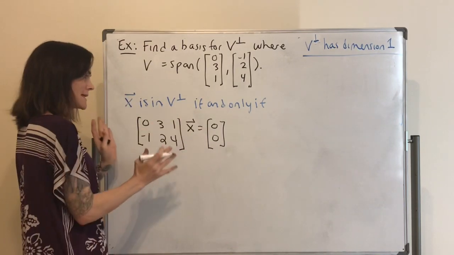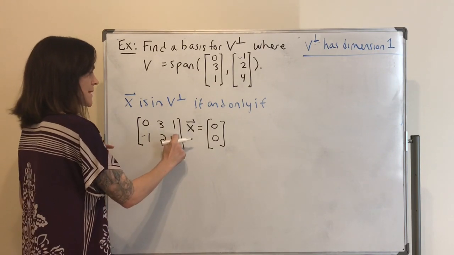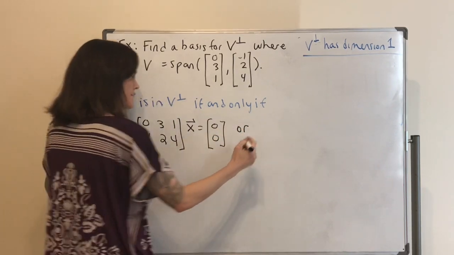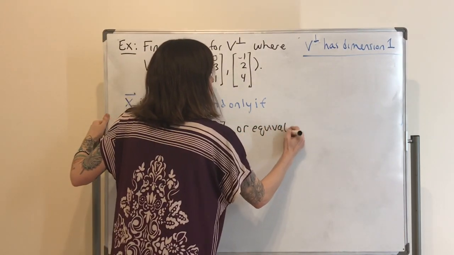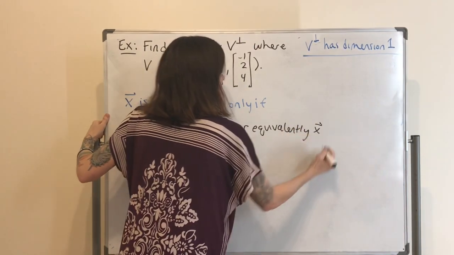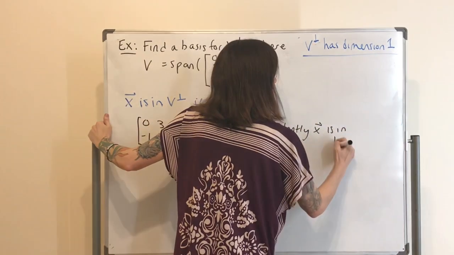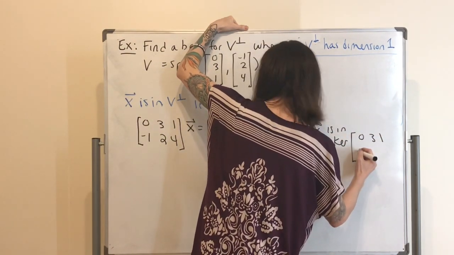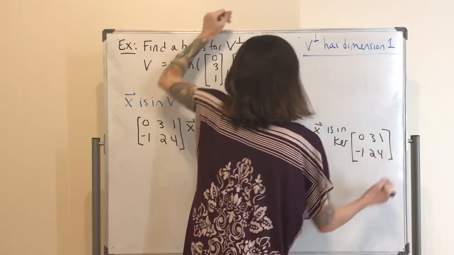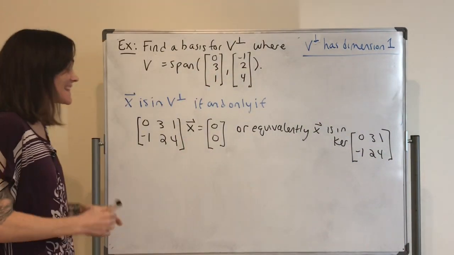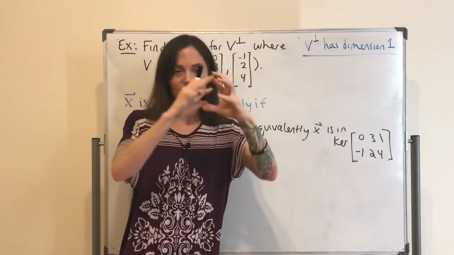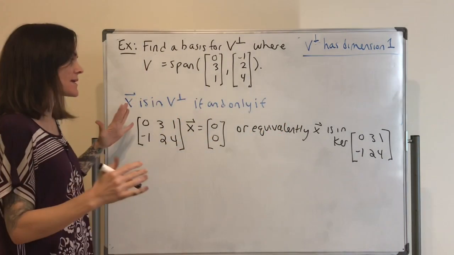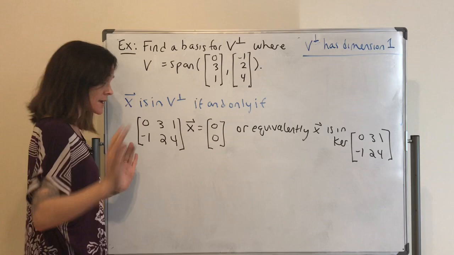So this is what I need if and only if this matrix times this vector X equals 0, or equivalently, X is in the kernel of this matrix, 0, 3, 1, minus 1, 2, 4. This is why I was thinking about the last example, even though my matrix was 1 by 4, which is really just a vector, but I wanted to think about it like that because when you have more vectors, it's very similar.